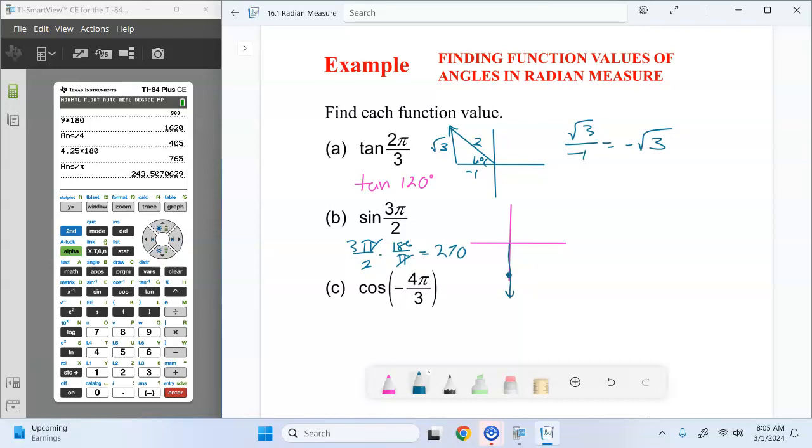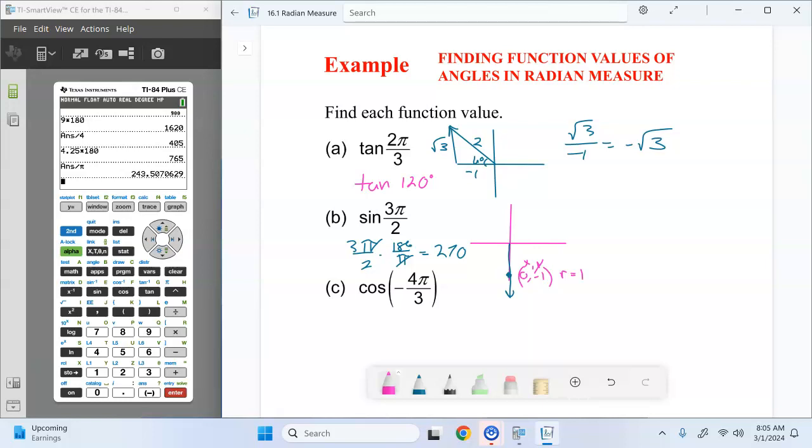So we'll need to kind of use our x and y and our r in order to find our sine value, right? So we can pick a point on this line. What's any point on this line? I need the whole ordered pair. Is it 0, 0 or 0, negative 1? 0, negative 1. So we've got x and y. What's our radius, if that's our point? 1.